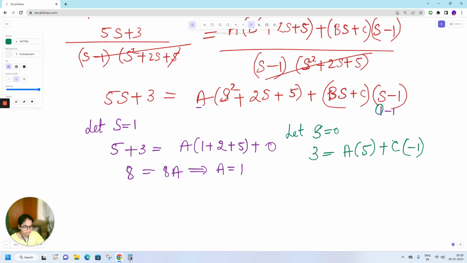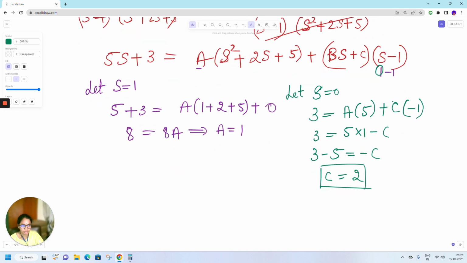Let me substitute the A value. What is the A value? 1, right? So 5 into 1 minus C. What happens if I send this 5 to the other side? It will become 3 minus 5 is equal to minus C. So what is our C value? It is positive 2.